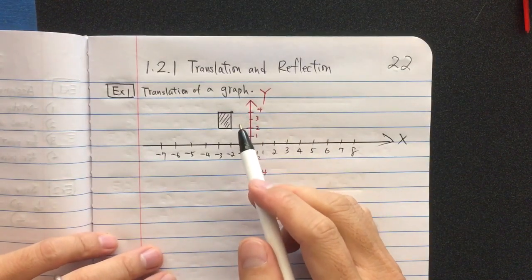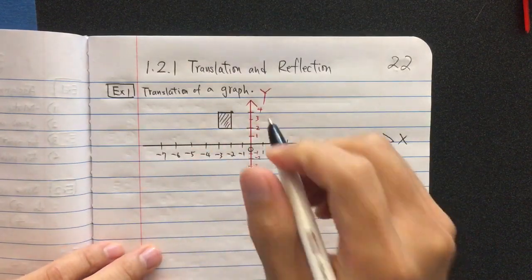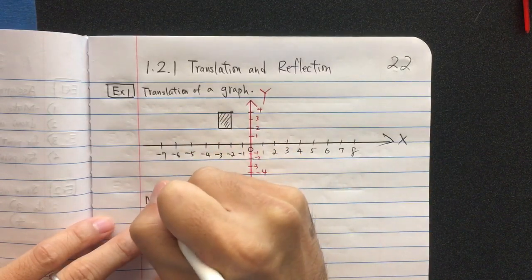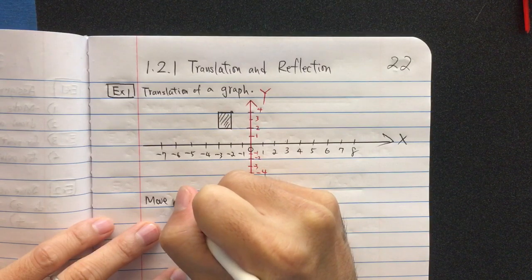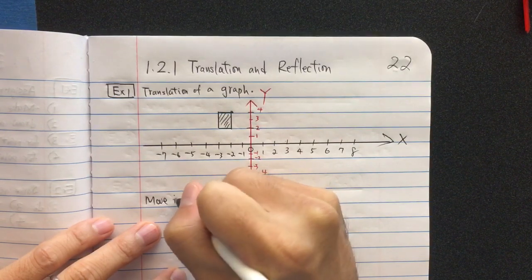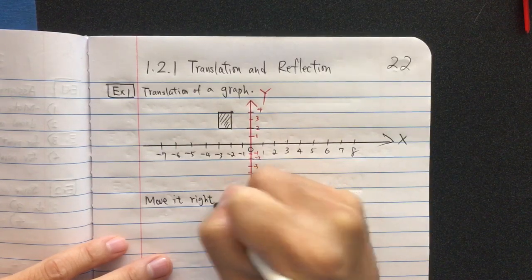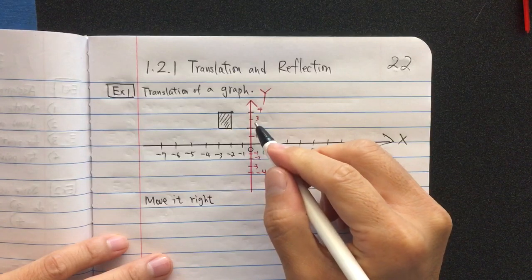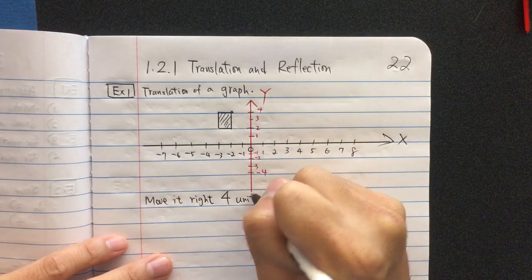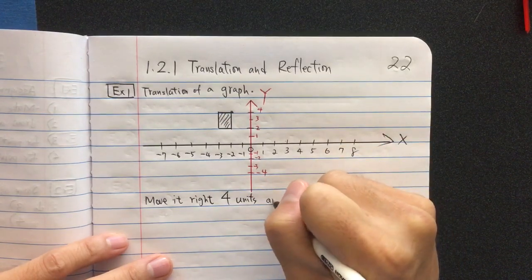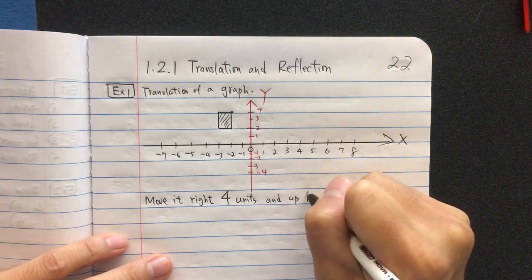Now there's a graph here. Can you move it? Please move the graph right four units, and up 1 unit.